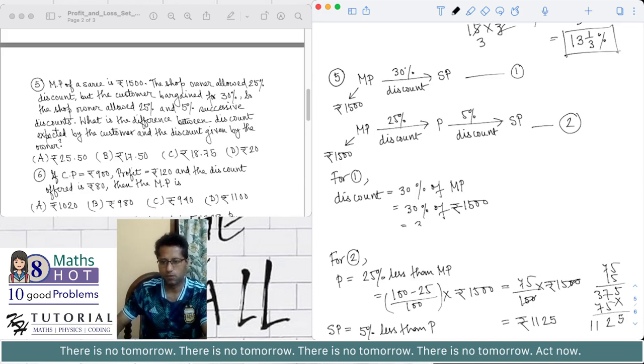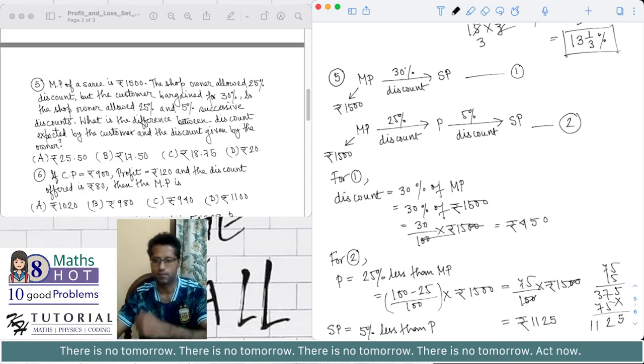This is equal to 30 by 100 multiplied by rupees 1500. This is rupees 450. The customer is expecting a discount of rupees 450.